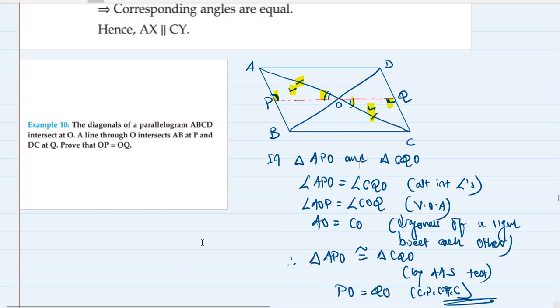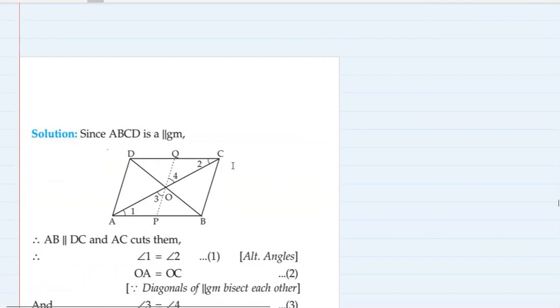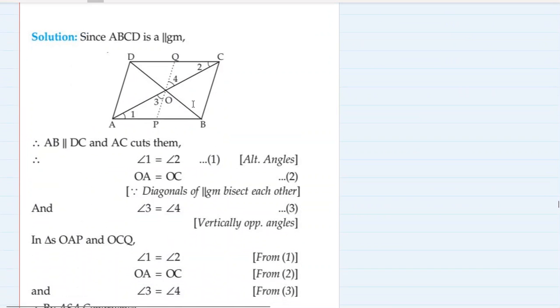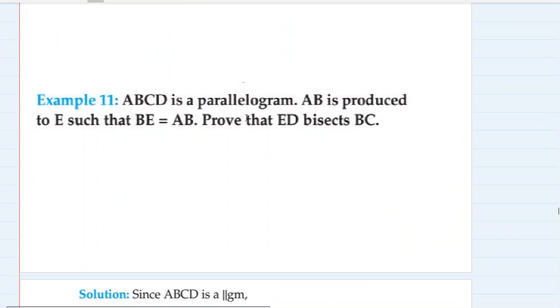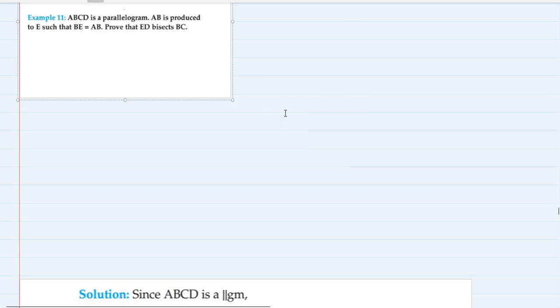Very easy. Let's go to the next question. They have drawn the figure like that, but their method of proving is absolutely the same. Next figure.